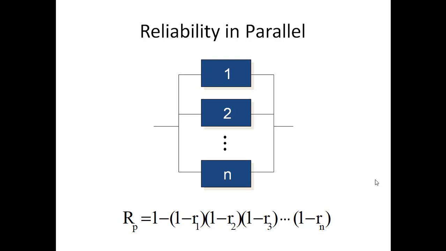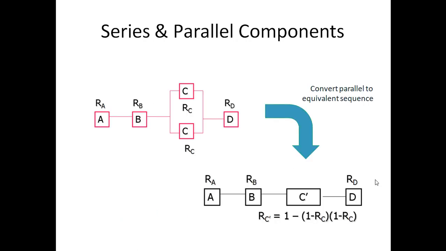So if I have a two-step parallel process and each of the individual steps is 90% reliable, the overall system is actually 99% reliable because there's only about a 1% chance those two 90% components will fail at the same time. So series calculations is AND logic, and my reliability tends to go down. Parallel is OR logic, and my reliability tends to go up.